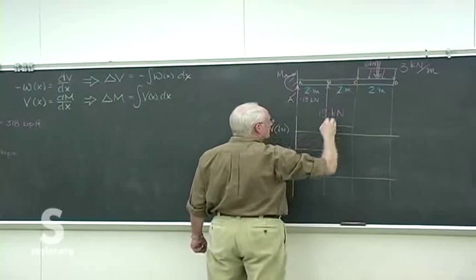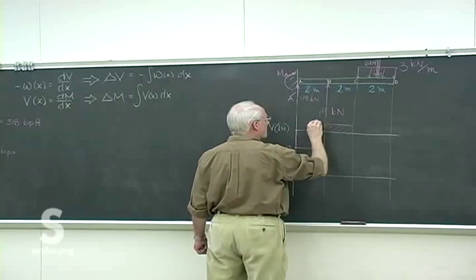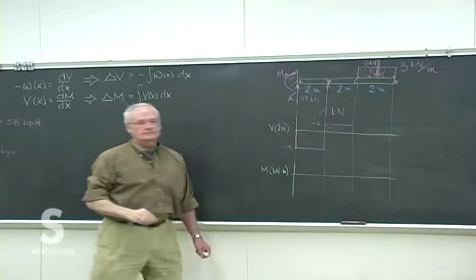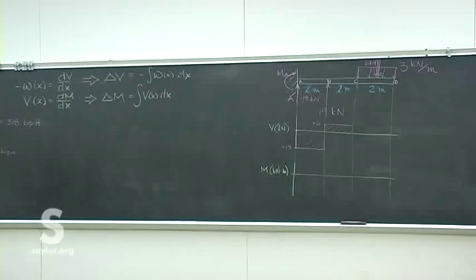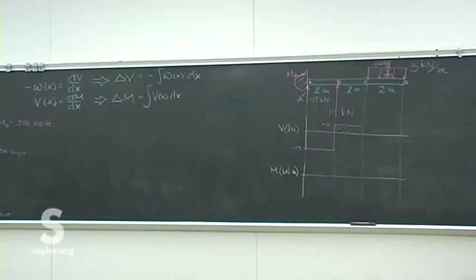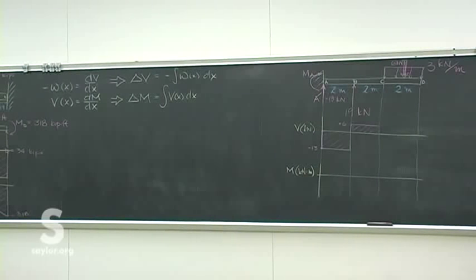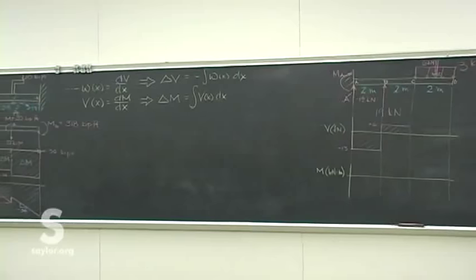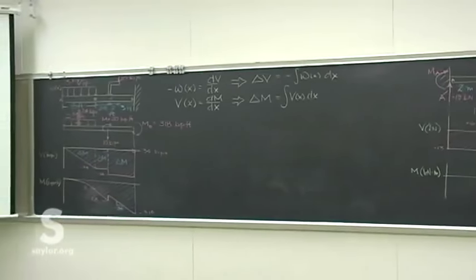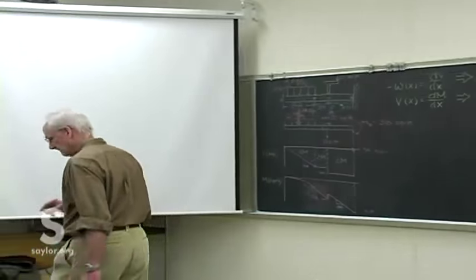And then nothing happens in between. Shear, we're not so much concerned about the direction of the shear when we start designing the cross sections and the materials and the like. We're concerned with the direction of the moment, as we'll see.